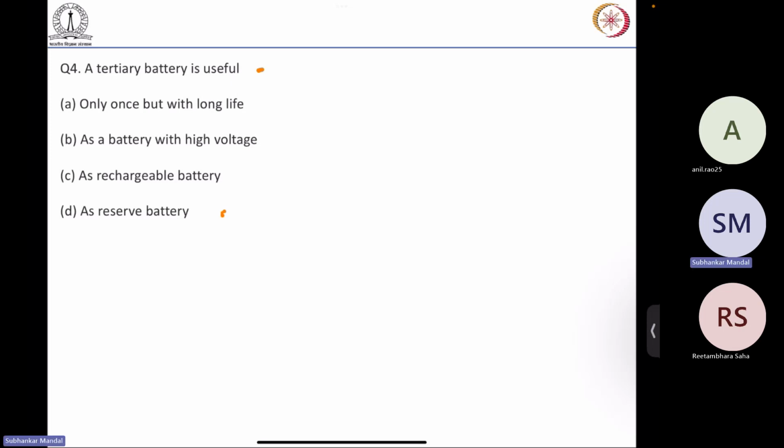I can give the hints. Basically, we have discussed different types of battery: primary battery, secondary battery, and reserve battery. So there we have three types of battery.